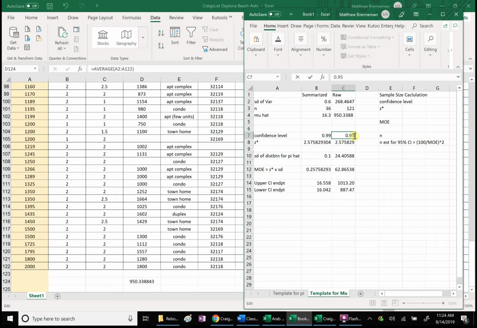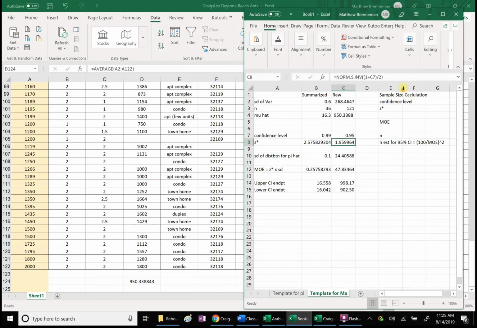With 99%, it's roughly 63. And when I hit enter, you're going to see this number change from 63 to 47. So the more confident I want to be that I contain the parameter value, the wider the confidence interval has to become, the bigger the margin of error.